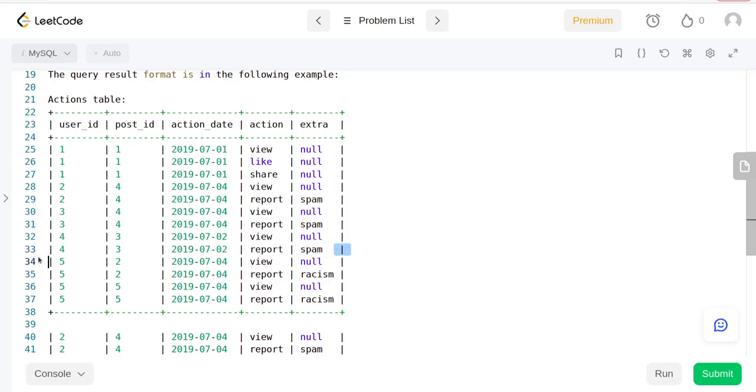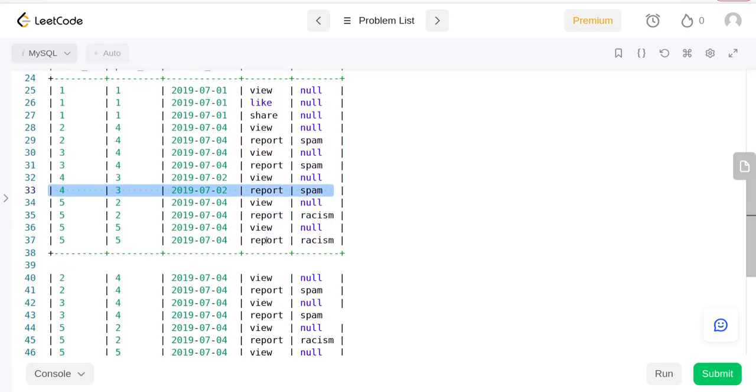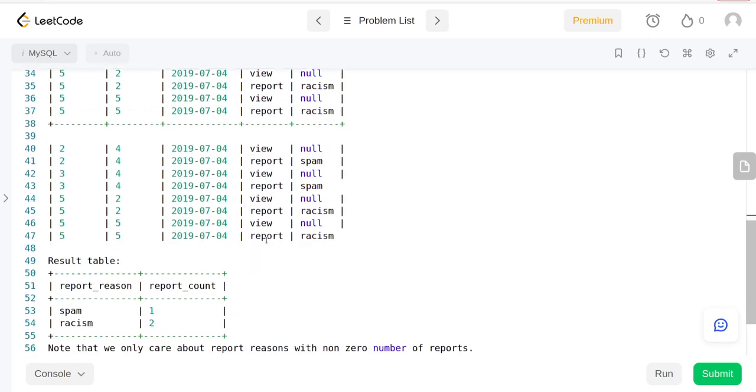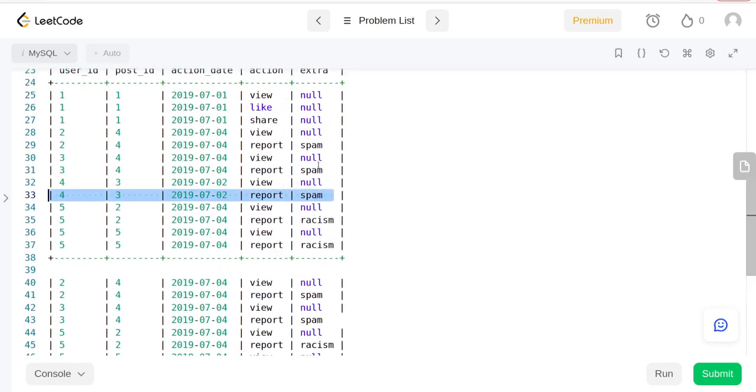There is another one over here that we did not count, there is one over here and there is one over here.